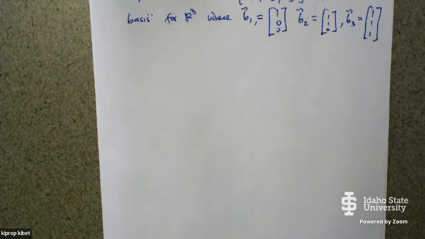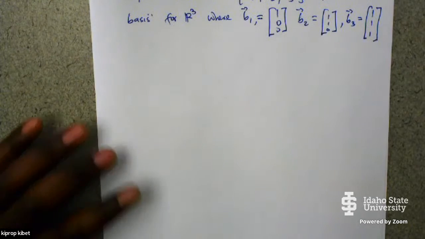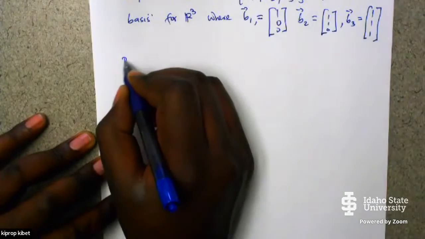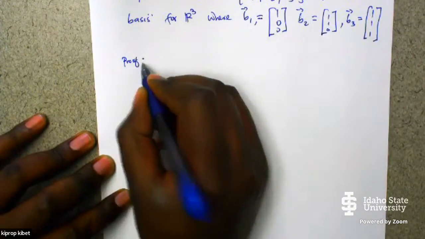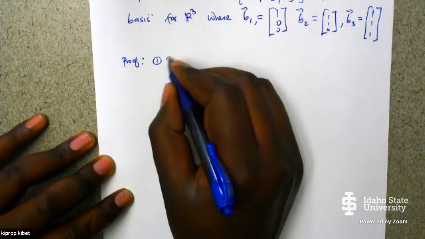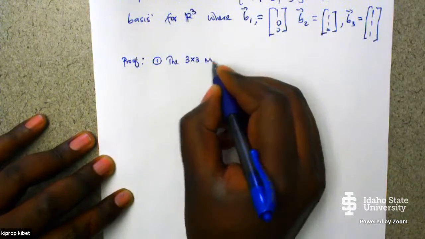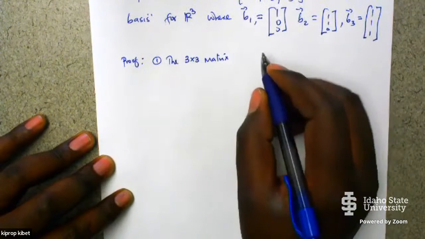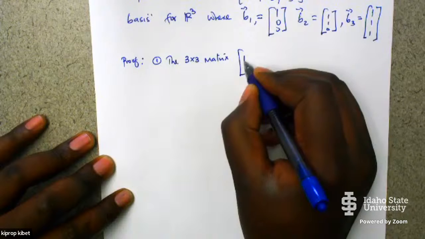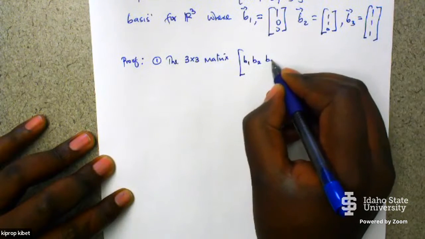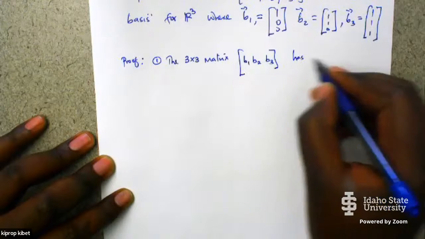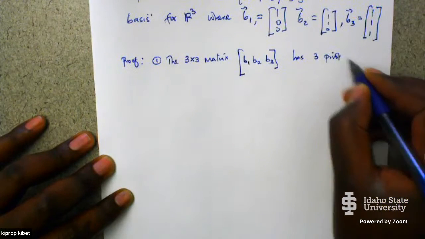So how do you show this? We need to check whether the vectors are linearly independent and also whether they span R3. Okay, so number one, the proof. The 3 by 3 matrix with columns B1, B2, B3 has 3 pivot positions.